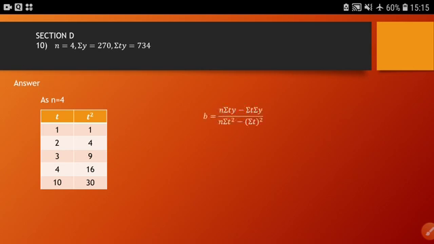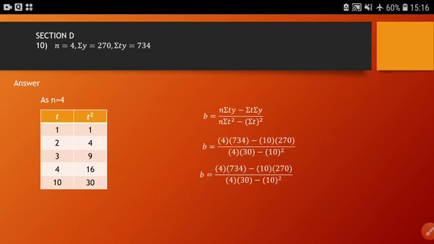Then your b is n sigma ty minus sigma t sigma y upon n sigma t square minus sigma t whole square. Then your b is 4 into 734 minus 10 into 270 upon 4 into 30 minus 10 square.